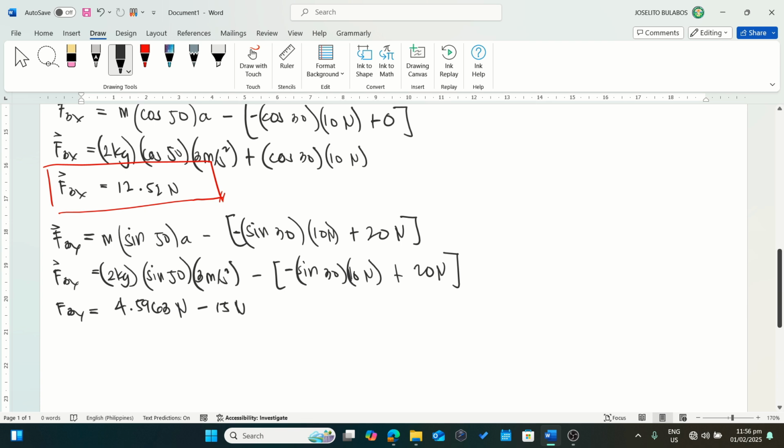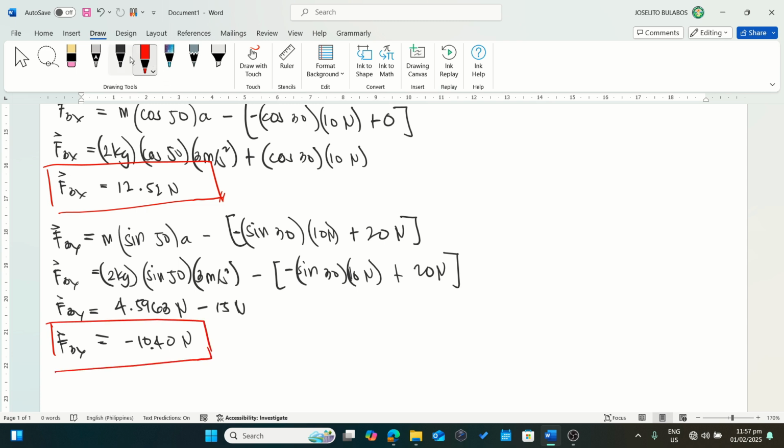And our F3y must be, that's actually negative 10.40 Newton, and this is our F3y.